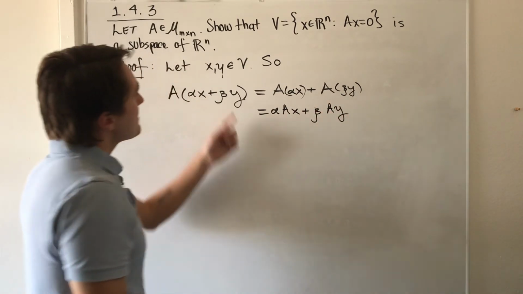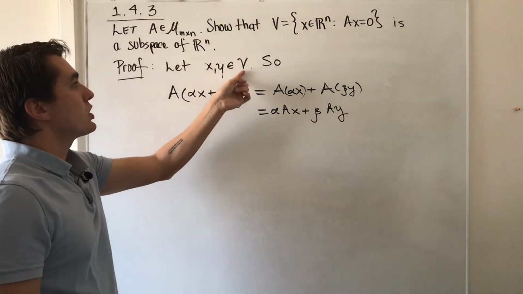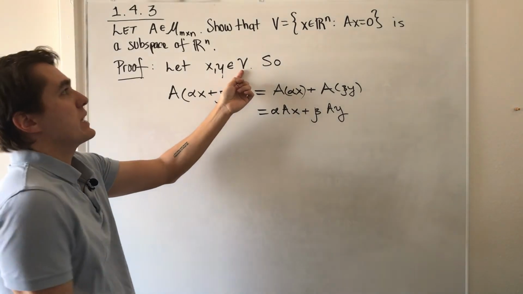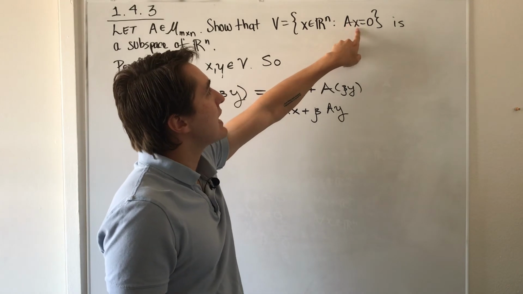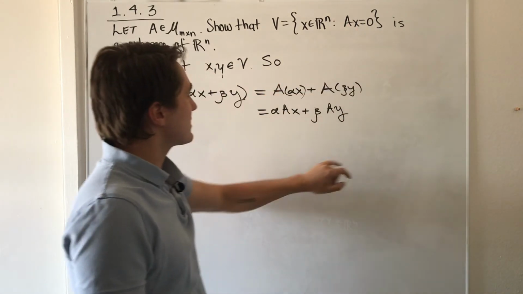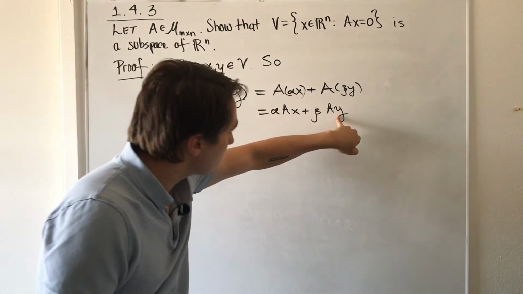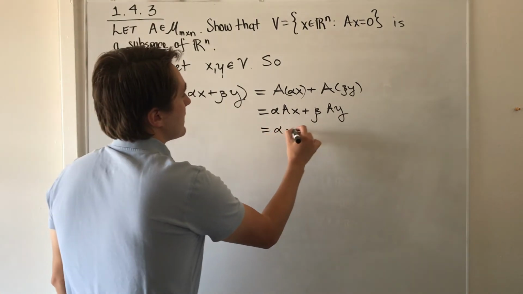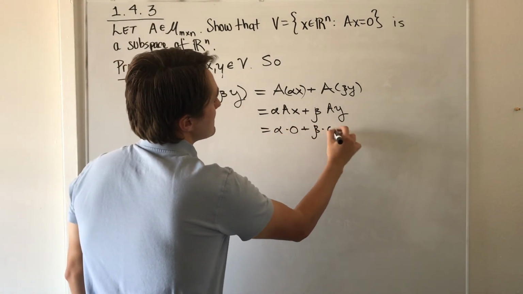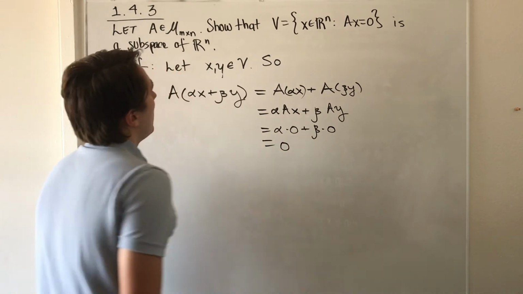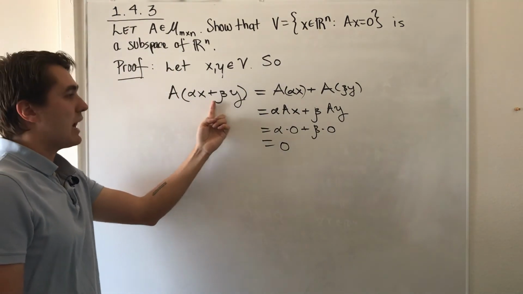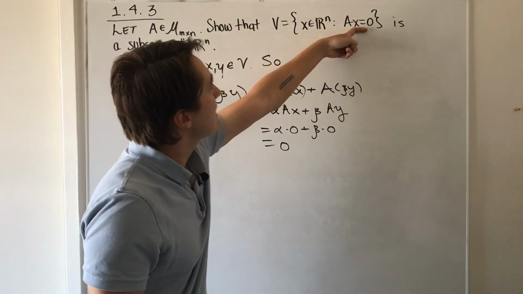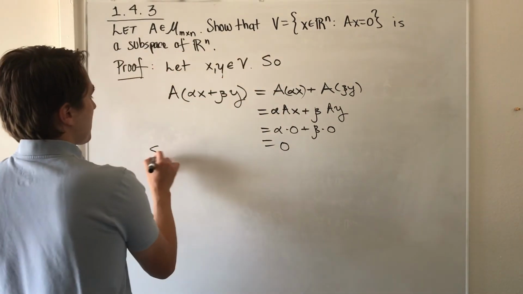But look, x and y we assumed were vectors in V. And what does it mean to be a vector in V? It means when I multiply A times this vector, I should get back 0. So in particular, I should be getting 0 here and here. So I get alpha times 0 plus beta times 0. But that's just 0. Oh, but wait. This thing, when I take A times it, I get 0, which means that this thing is in V.